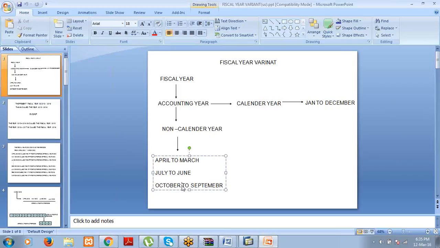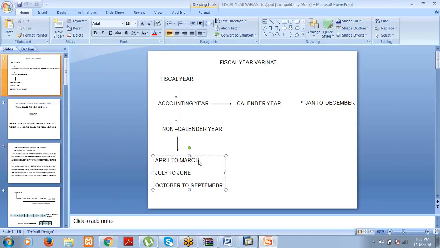So in India, every company, and for that matter every individual, also has to maintain the books of accounts and prepare the financial statements for a period starting from April to March. Why so? Because there is one act in India, the Indian Income Tax Act 1961.